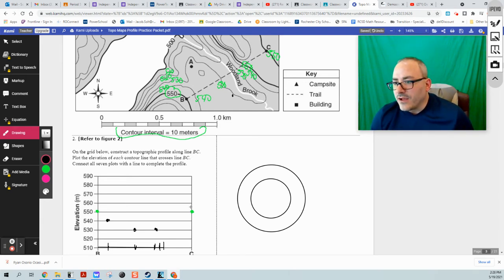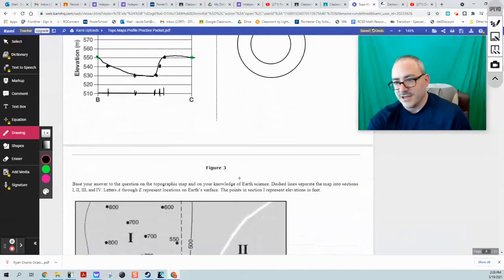And then I got to go up real high to 540. Remember, it gets real steep there. Notice how these lines get real close together? That's why it indicates you have a lot more change in altitude. All right, this is a lot more steep. And then it gets real flat, 550 to 550. So if I was going to draw this line in, it would look something like that. All right. That is how to get that one done.